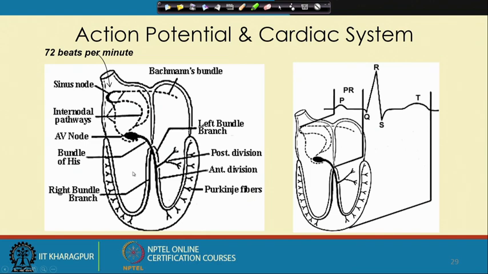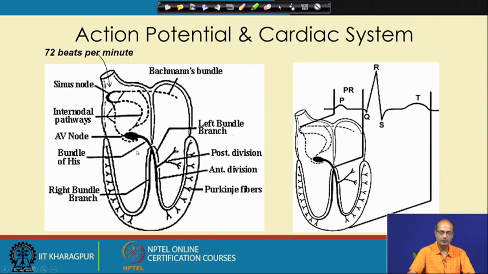There are some valves which control the flow, so that the flow is unidirectional. After some time, these atria relax and stop the flow of the blood to the ventricles.